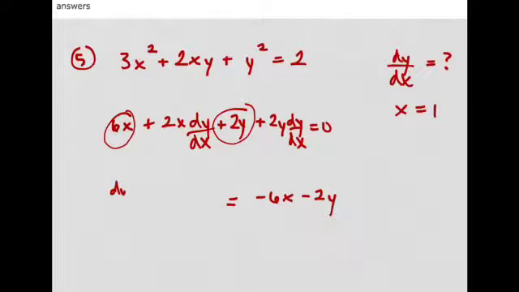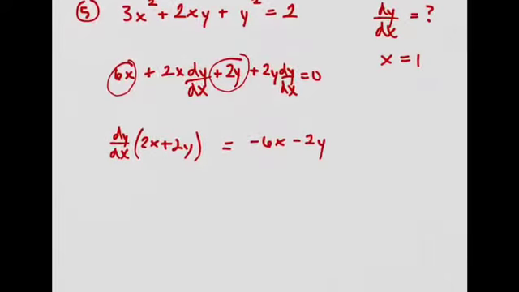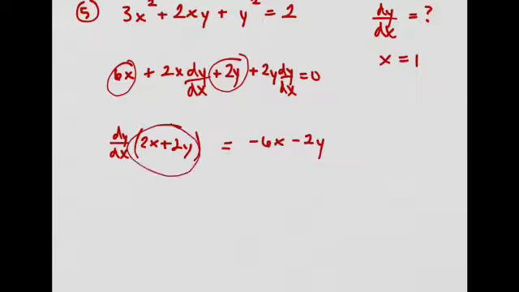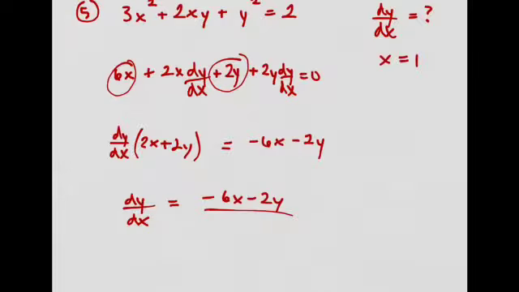So I have dy/dx and a 2x plus 2y. So far I think that's okay. And then I will divide by this. So I get dy/dx equals negative 6x minus 2y, all divided by 2x plus 2y.